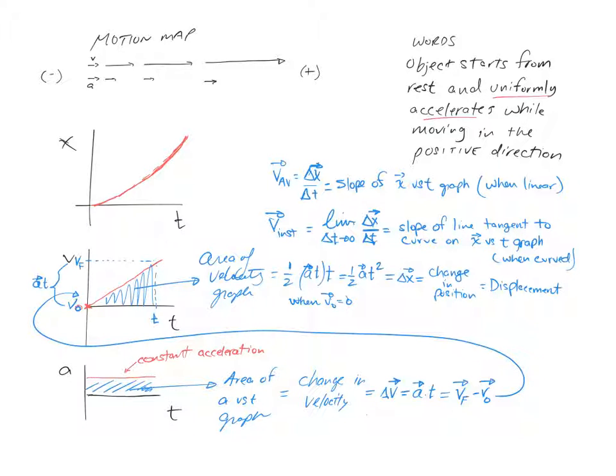I should probably say that acceleration is change in velocity divided by change in time. I'll write that over here. Acceleration is change in velocity divided by change in time, and that is the slope of the velocity versus time graph.